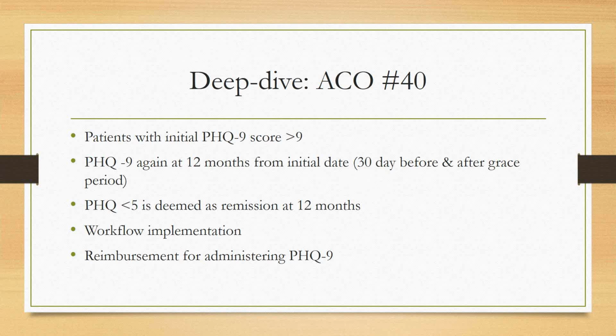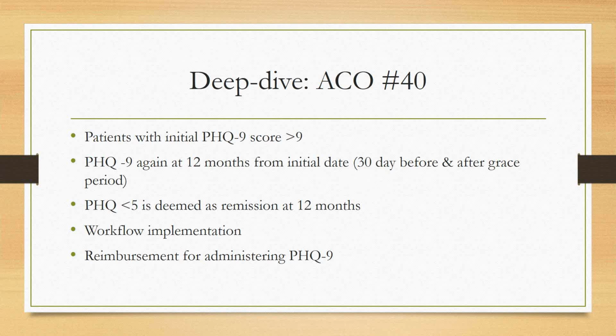So this is really going to be a workflow implementation, designing a workflow to ensure that we're looking at those patients that did actually have a PHQ-9 of greater than 9, and then making sure that we're getting those patients back in that specific time frame, and then reissuing the PHQ-9 to determine are they in remission.